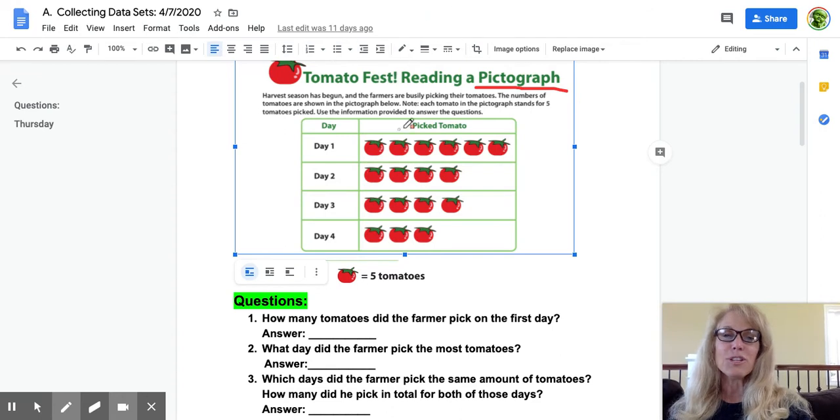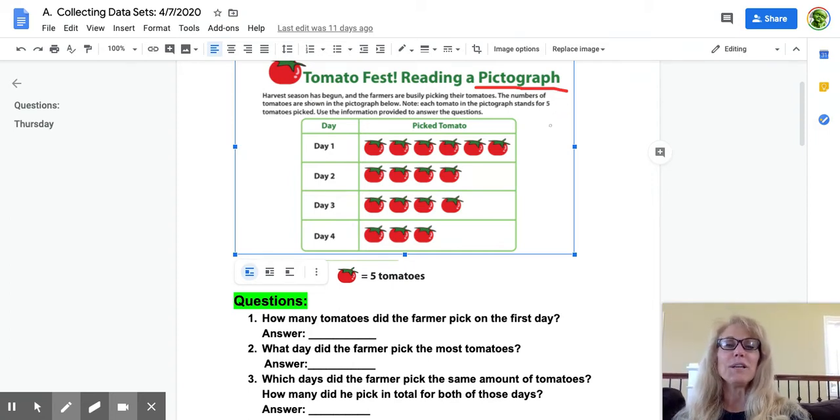In this particular pictograph, they're using tomatoes as images. Each image stands for a certain number of things. As an example, they've used tomatoes, the number of tomatoes that have been harvested over a period of 4 days. Okay, I'll read the directions to you.